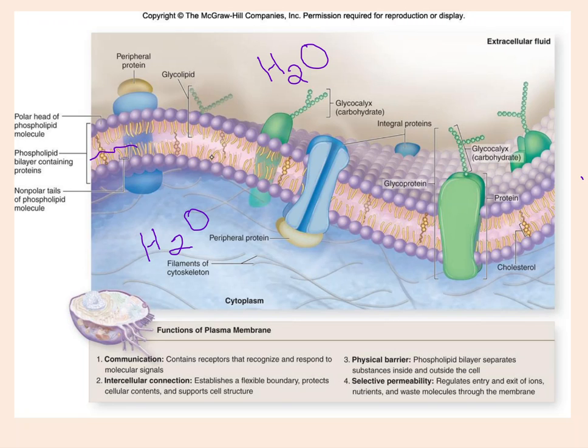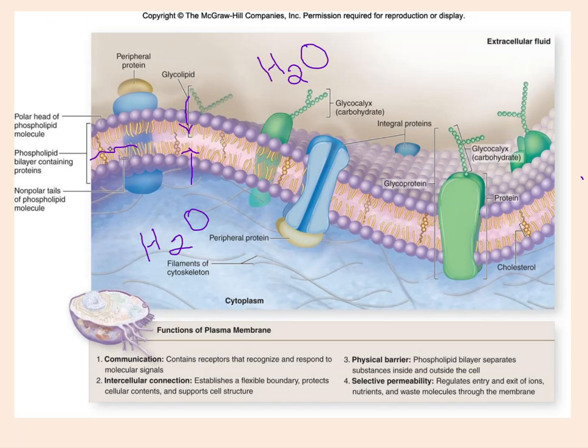So because the tails of the phospholipids are hydrophobic, they will naturally move away from those exterior and interior surfaces, and then they're going to face each other, while the heads will stay facing the interior and exterior sides of the cell.